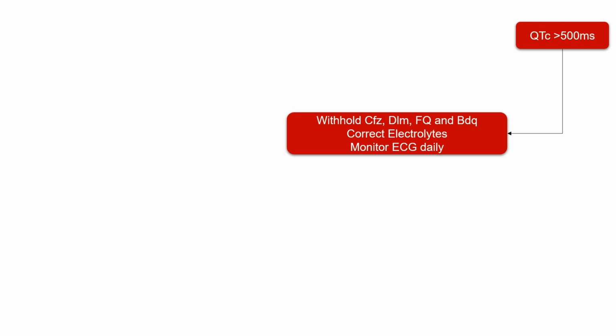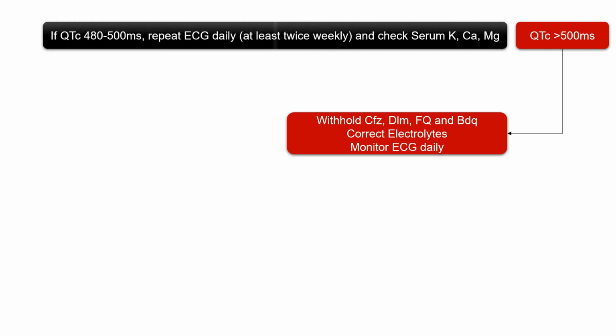Just now we learned hypokalemia, hypocalcemia, all those things can aggravate the QT prolongation. So we correct the electrolytes first and monitor the ECG daily. But if the QTc is not more than 500 millisecond, rather 480 to 500, that means slightly increased, not that much increased, we repeat ECG at least twice weekly, and check for the serum electrolytes.